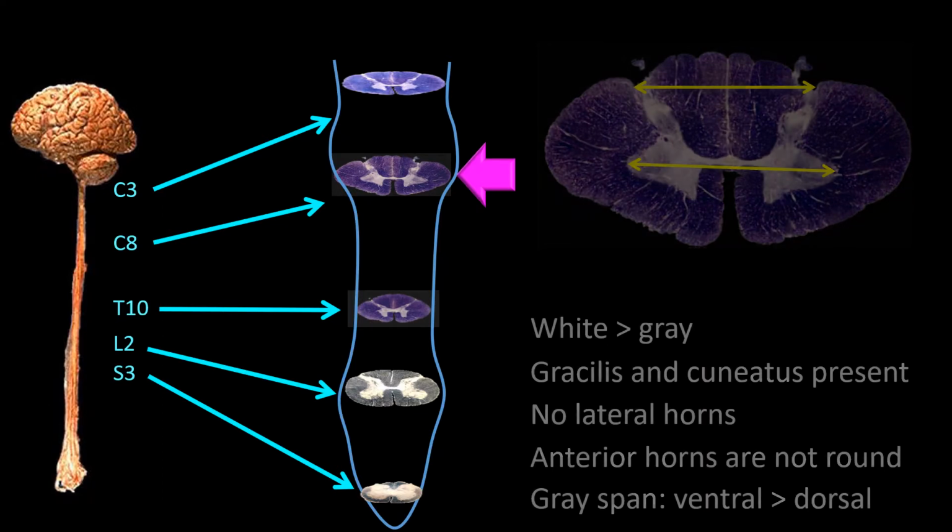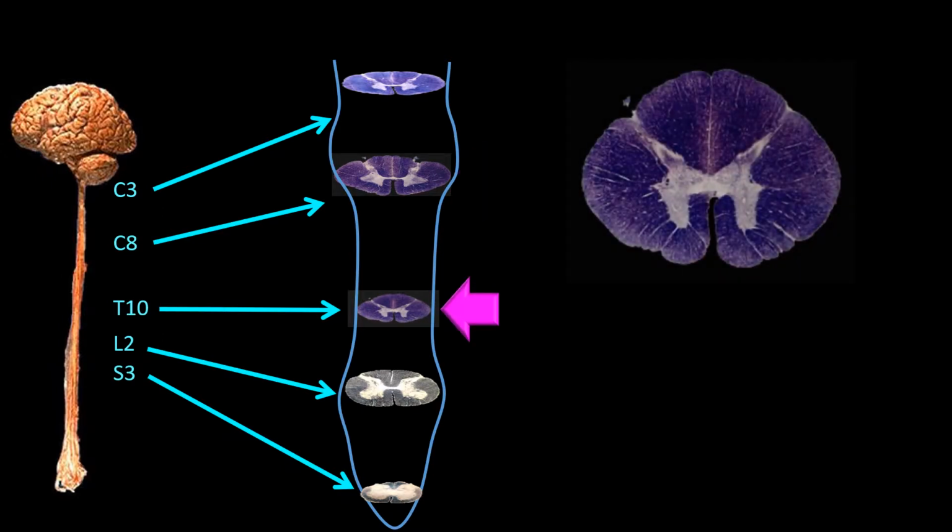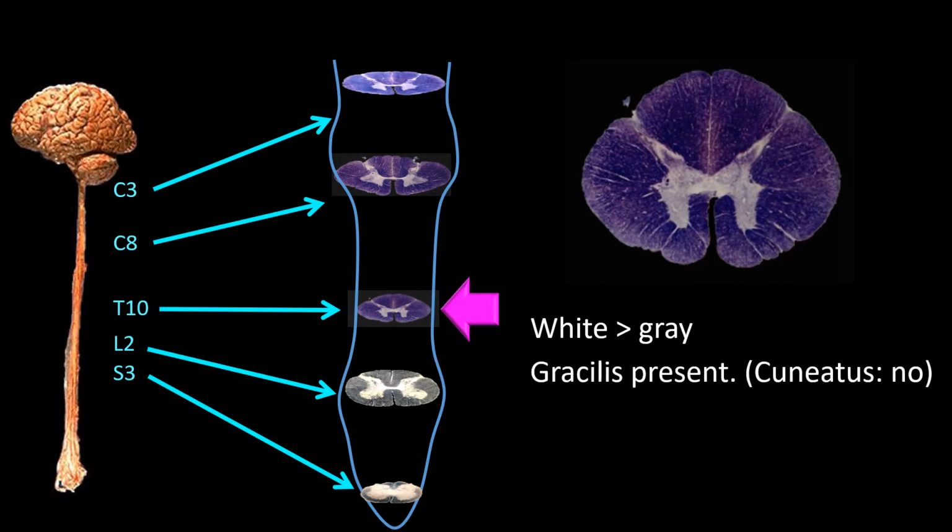From C8 to T10, changes are more noticeable. White matter remains more abundant than gray. Gracilis is present, not looking so slender as in the upper segments, and the cuneatus is absent.